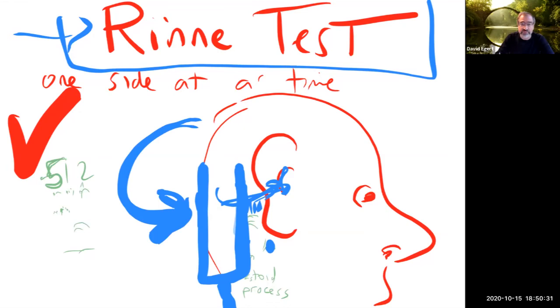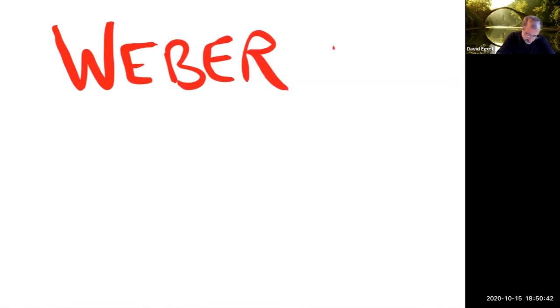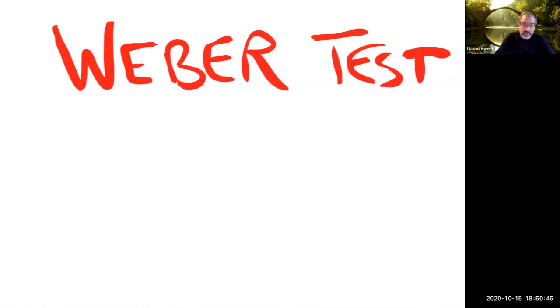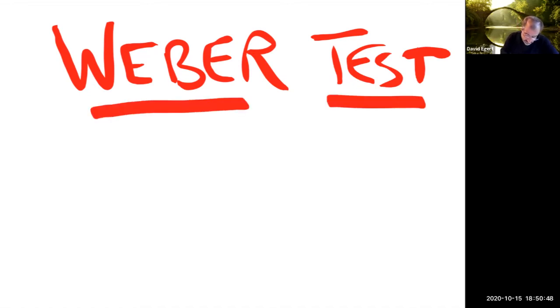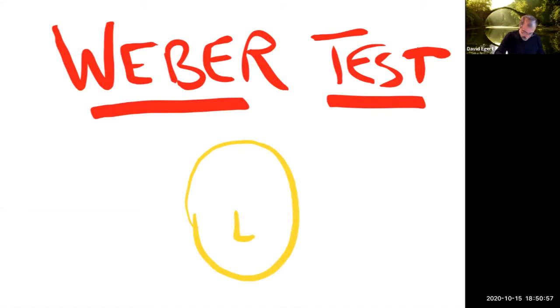The next one is the Weber test. The Weber test is pretty different. On this one, you take the tuning fork and you put it on the midline of their skull.